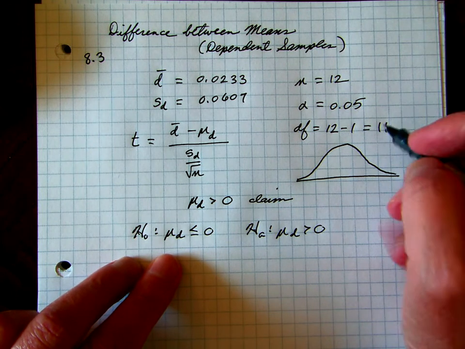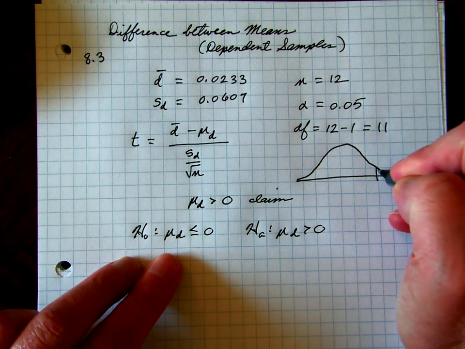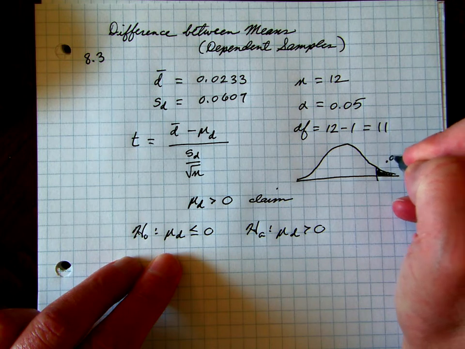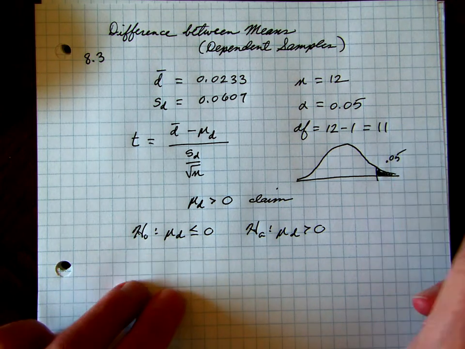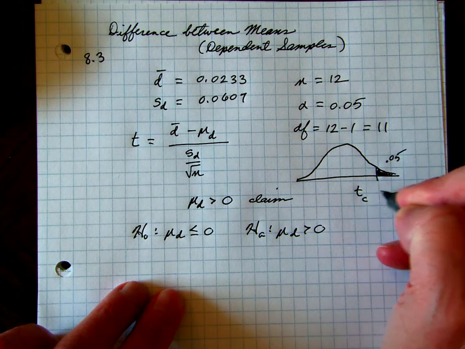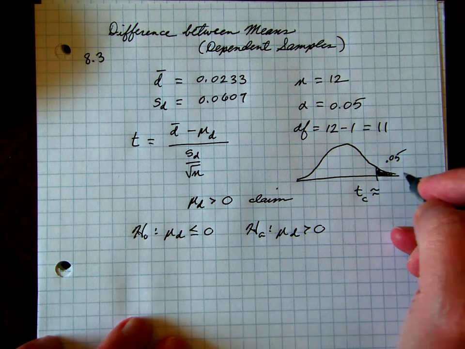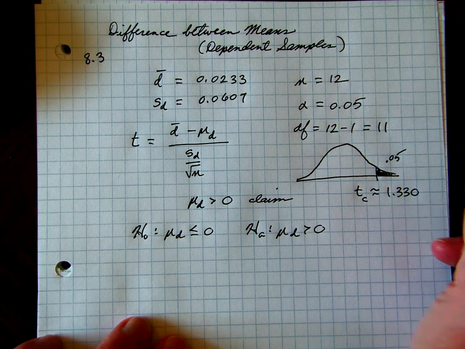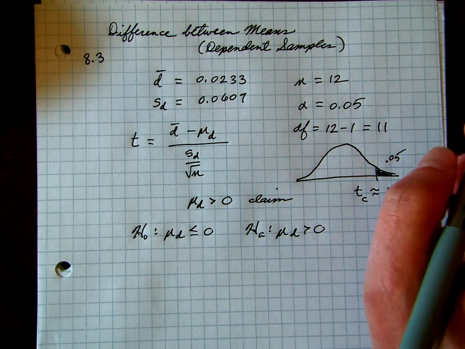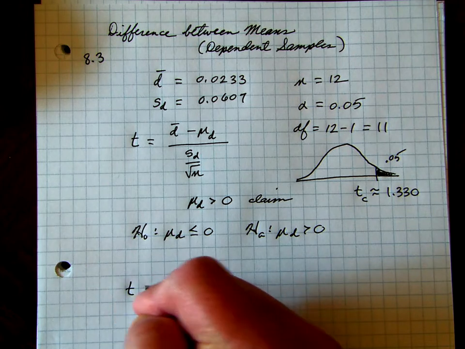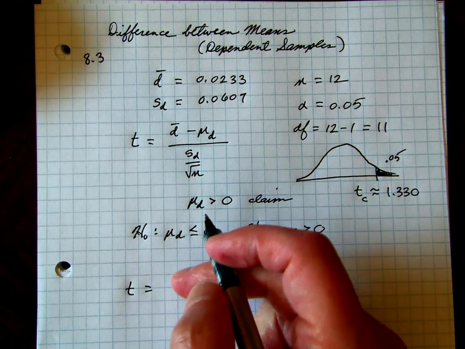So we can pretty much decide that we need a one-tail test up here, 0.05. And for 11 degrees of freedom, if we look this up, our critical number right here, our t-statistic, is going to be 1.330.